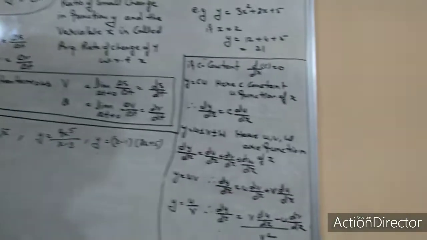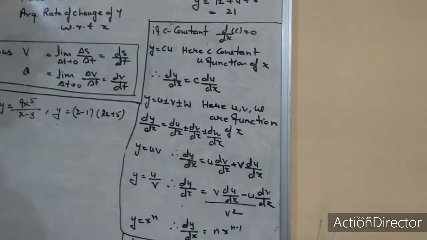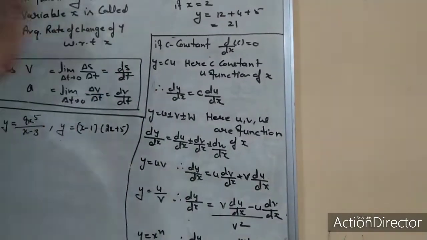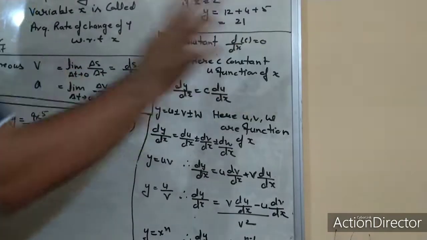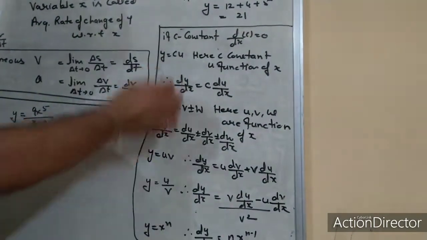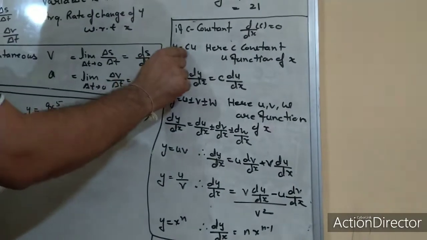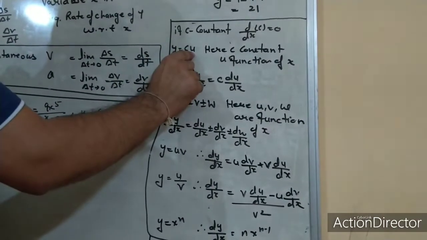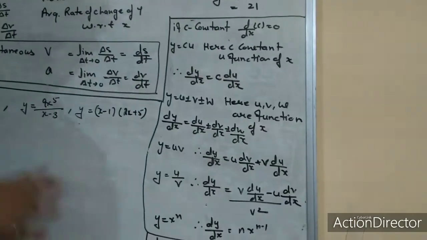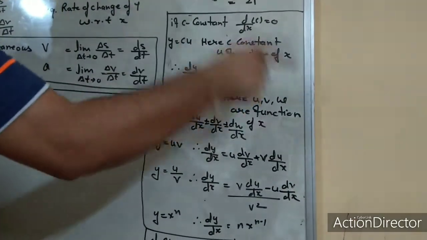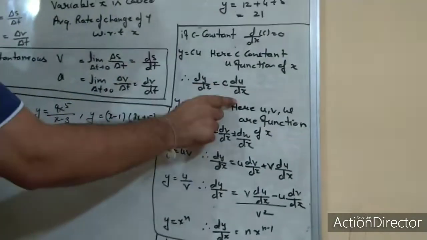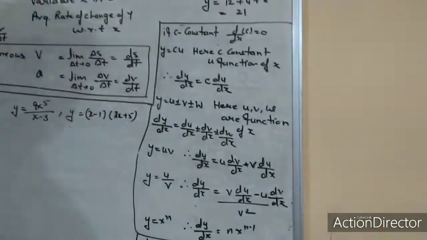Now, there are some important formulae that we generally apply while solving questions of differentiation. Suppose we have a constant, then the differentiation of a constant is 0. Always keep this in mind. But if our function y is equal to c u and we want to differentiate it, you have to take c outside and differentiate u with respect to x, if u is a function of x; otherwise it is not possible.